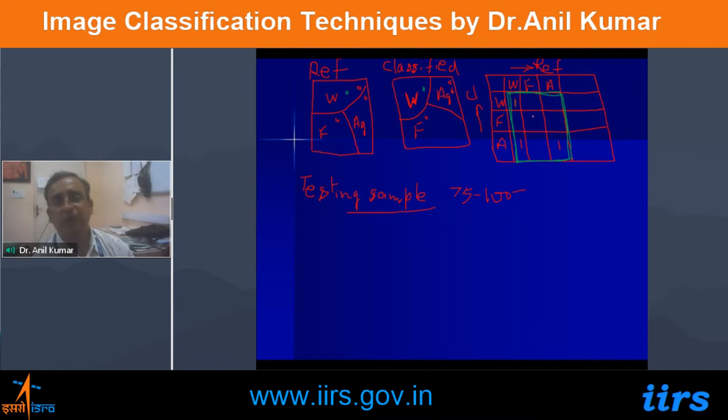It comes here. For the fifth sample, suppose here it is water, and on the classified map it comes as forest. It comes here. So like that you can generate this complete matrix for all the samples.